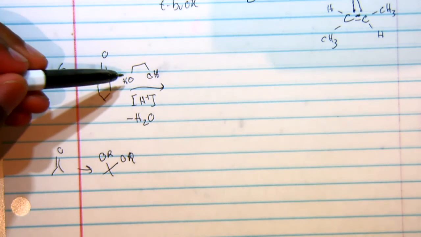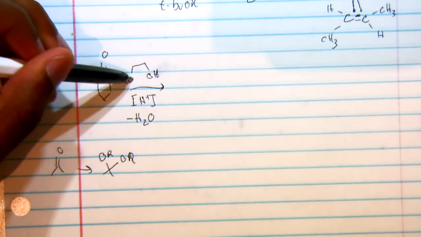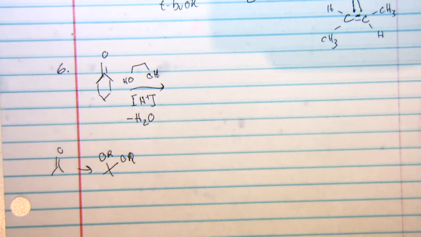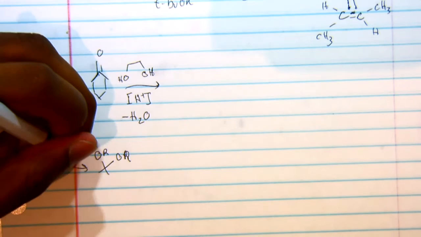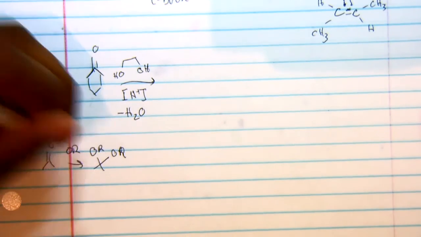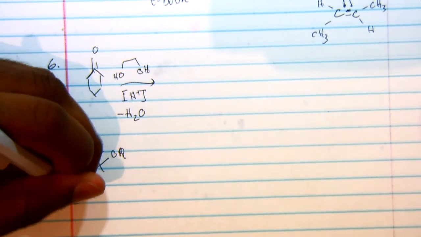So do you guys remember what this one does? It's the same thing with the acetal. It's going to add onto both sides. Let's say if I just had an OR group, it would be the same reagents, OR, then the H plus catalyst, and then no H2O.